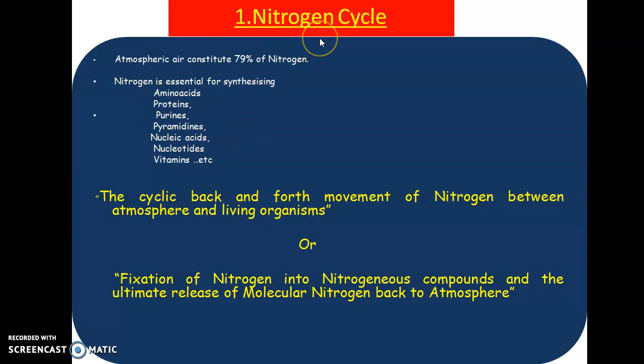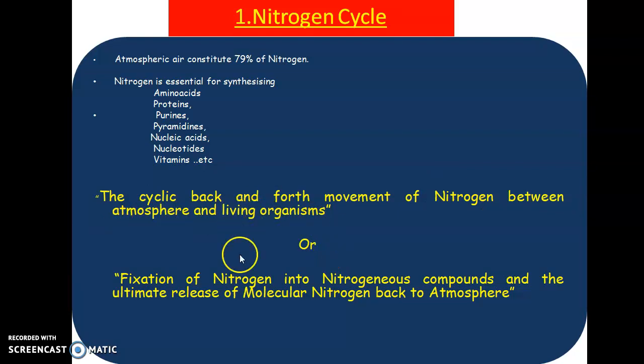Then what is the definition of nitrogen cycle? We know that this is a cycle. The nitrogen cycle can be defined as a cyclic back and forth movement of the chemical element nitrogen between the atmosphere and the living organisms.